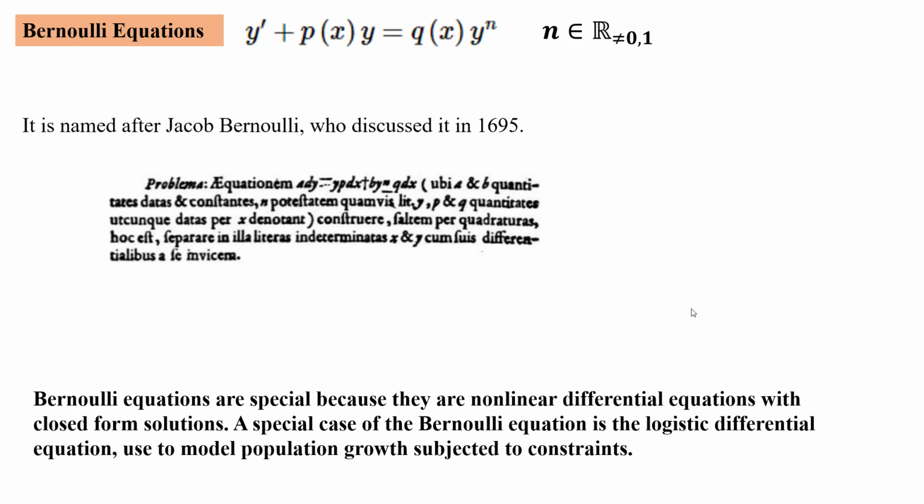Constraints come in the form of limited resources, like area of spread, food, and then conflicting populations. So like a predator population and so on. If you want to model populations whose growth is subject to constraints, you get a type of a Bernoulli equation, which is another reason why it's useful to know how to solve those.